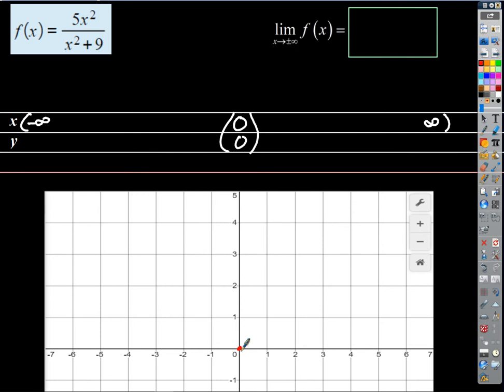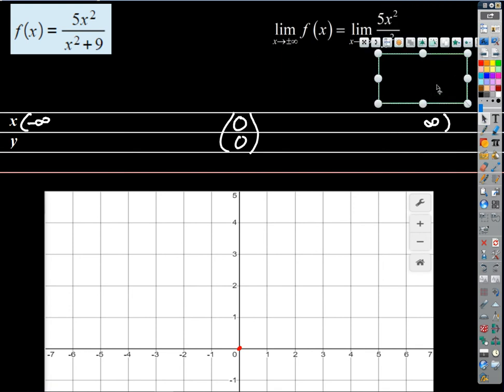Okay, let's look at maybe the end behavior. Let's look at what happens at the extreme values of the function. As x approaches plus or minus infinity, all we have to do is consider the leading terms on the top and the bottom, right? And so what do we get? Well, the limit of f of x would be the limit of 5x squared over x squared.